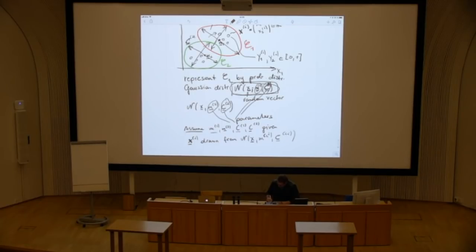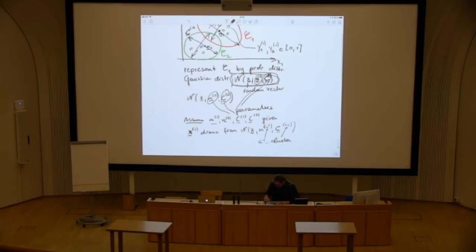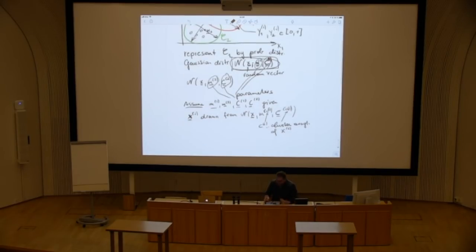So this Ci is the cluster indicator or cluster assignment of data point xi. This variable tells you from which cluster we drew the ith data point. So Ci is an element of the set {1, 2}, either cluster 1 or cluster 2.